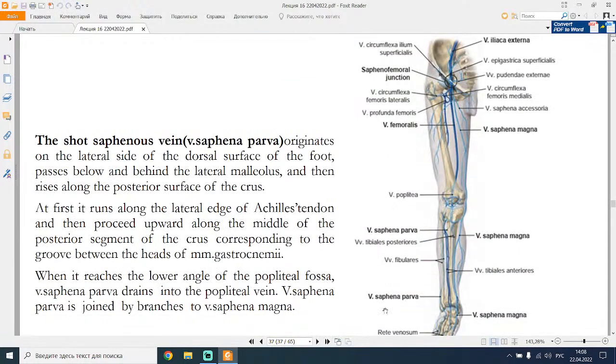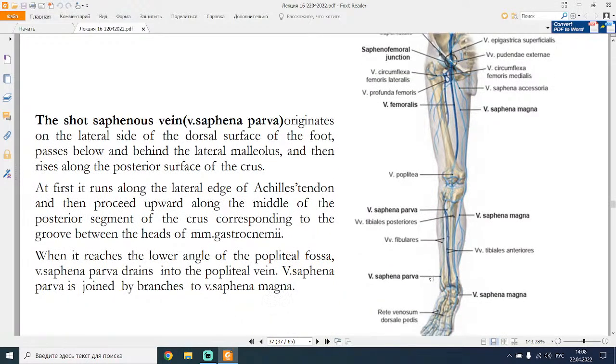Now vena saphena parva. Vena saphena parva originates on the lateral side of the dorsal surface of the foot, passes below and behind the lateral malleolus, and then rises along the posterior surface of the crus.